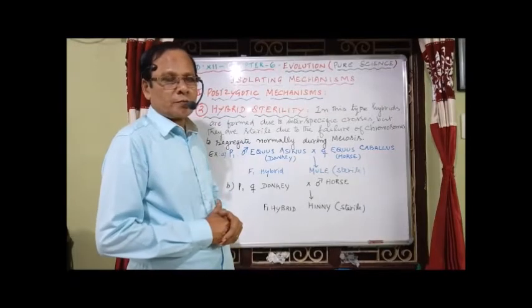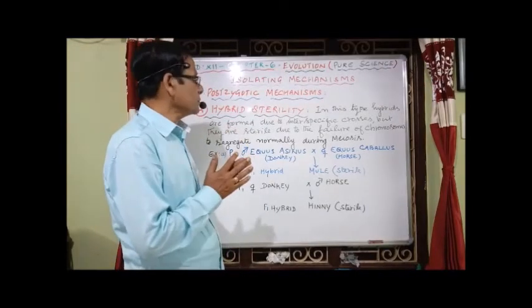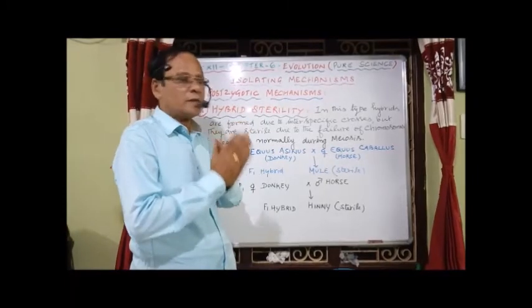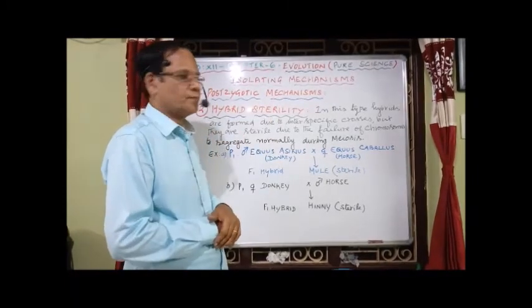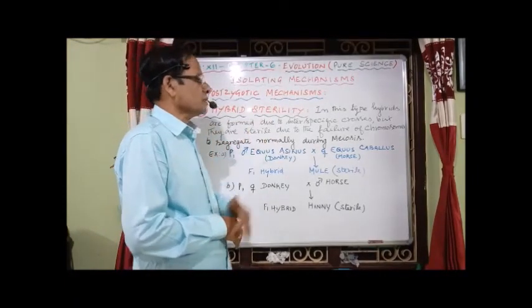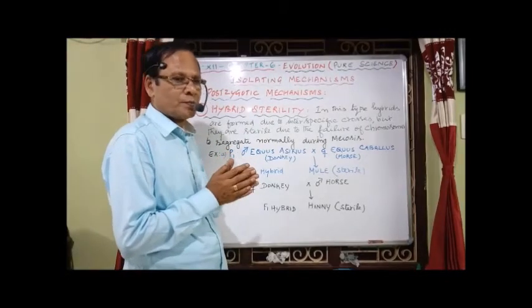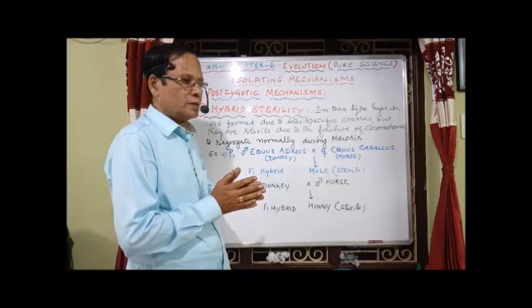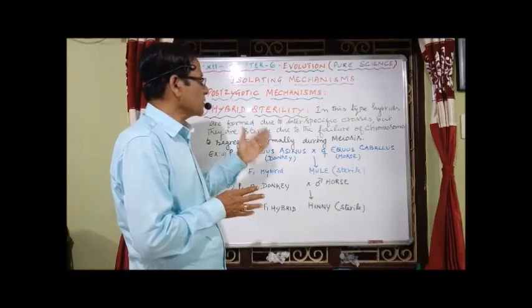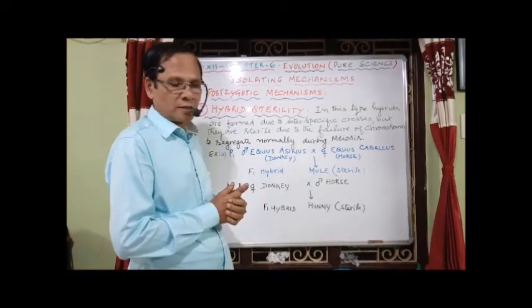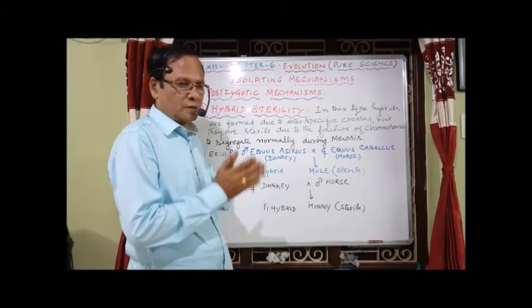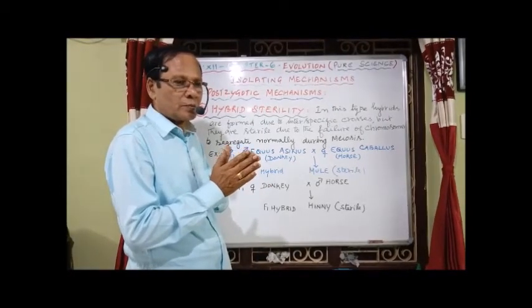In this type, what is happening? Hybrids are formed through an interspecific cross, but they are sterile. We can make a cross between two different species belonging to the same genus, but the resultant F1 hybrid is normally sterile. What is it due to? This is because of unpairing of chromosomes.